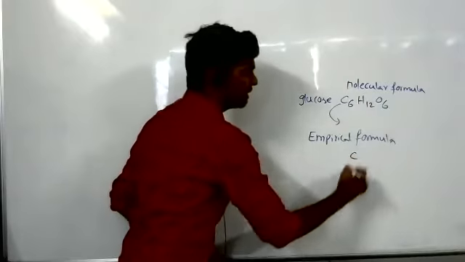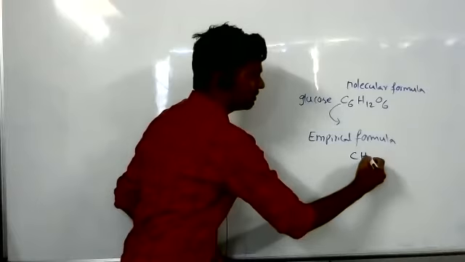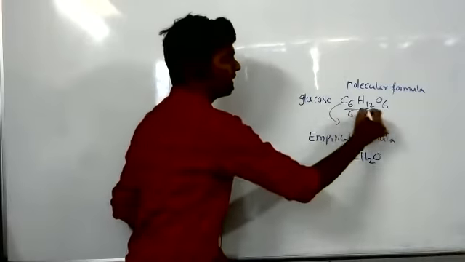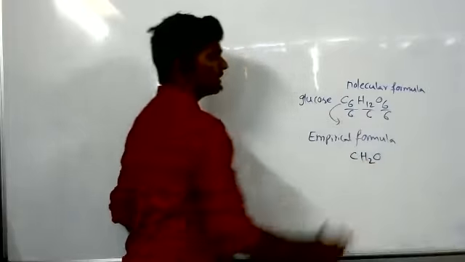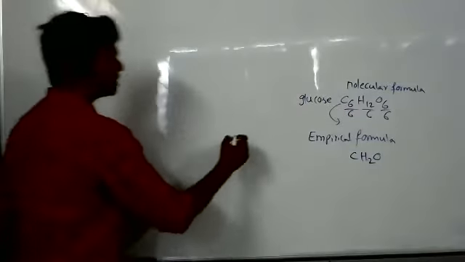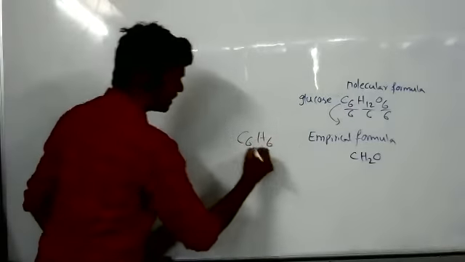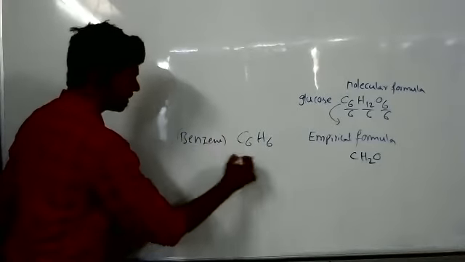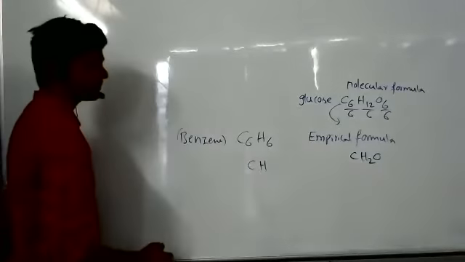So here C, H2, and again it is O. Just the simplest number, divide by 6. C1, H2, O1. For benzene, it is C6H6, and the empirical formula is CH. Yeah, only CH.